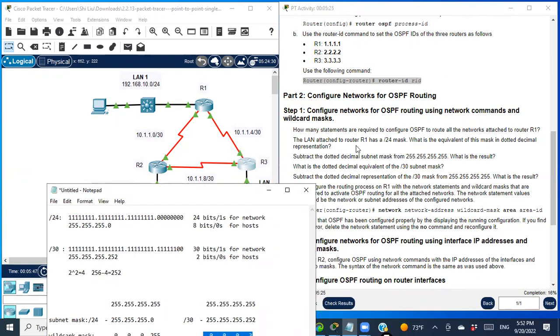And the LAN attached to router R1 here has a /24 mask. What is the equivalent of this mask in dotted decimal representation?